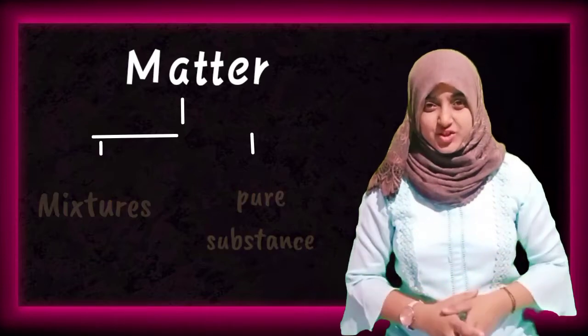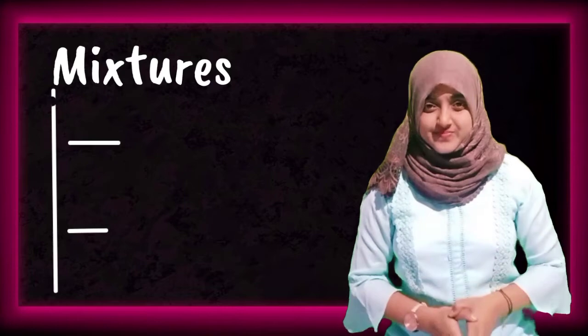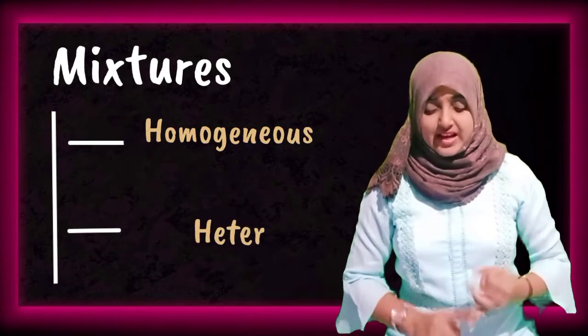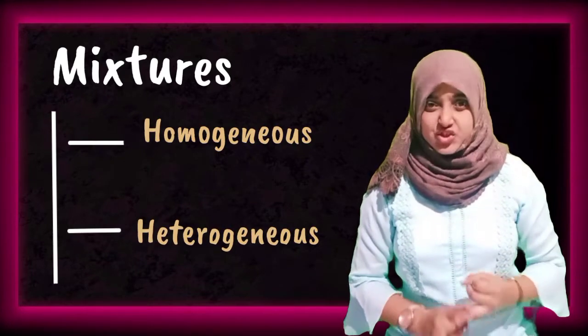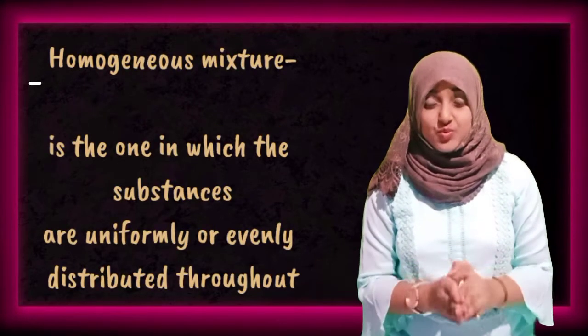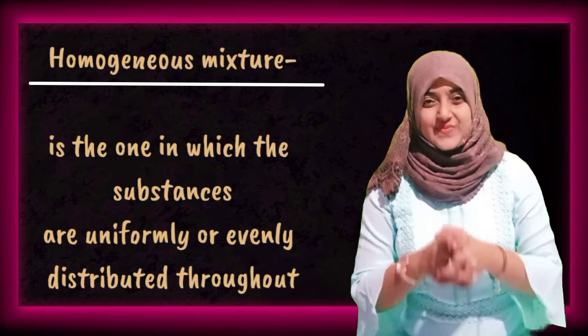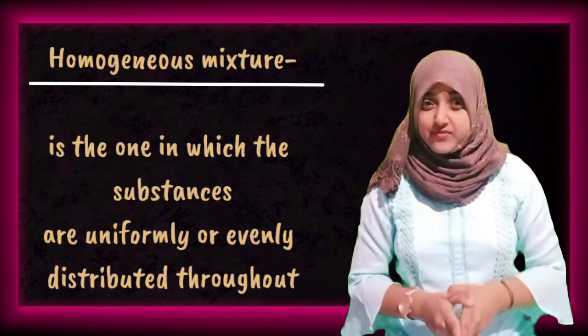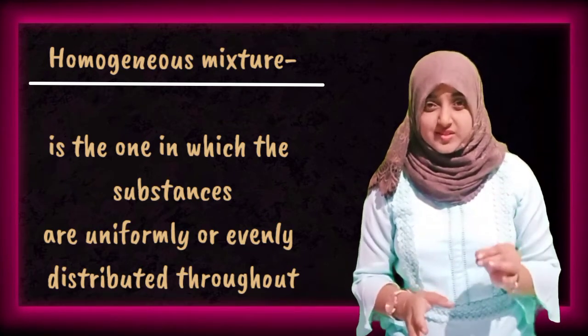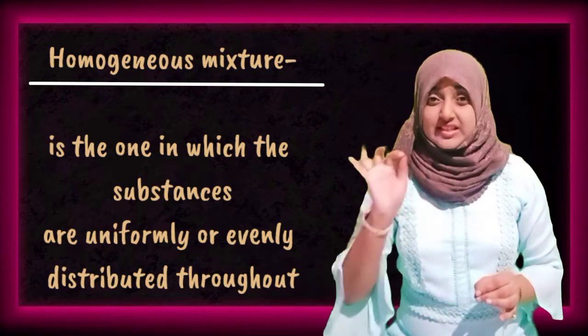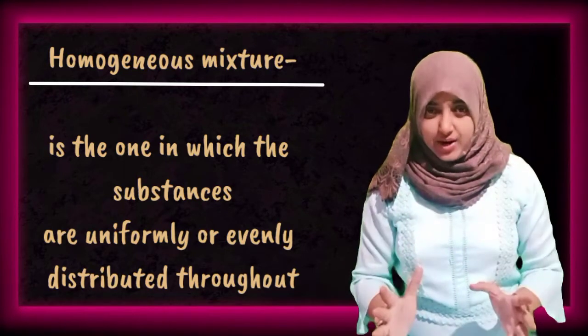So with this, we understand that matter can also be classified as mixtures and pure substances based on its chemical nature. Well, these mixtures are of two types: homogeneous mixture and heterogeneous mixture. First, let us understand what a homogeneous mixture is. A homogeneous mixture is one in which the substances are uniformly or evenly distributed throughout.